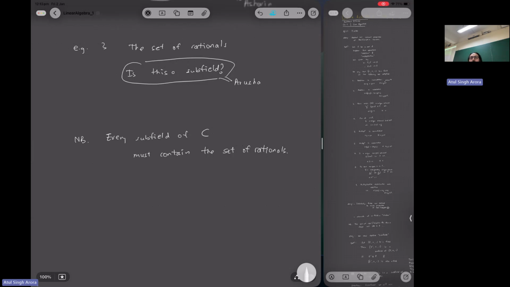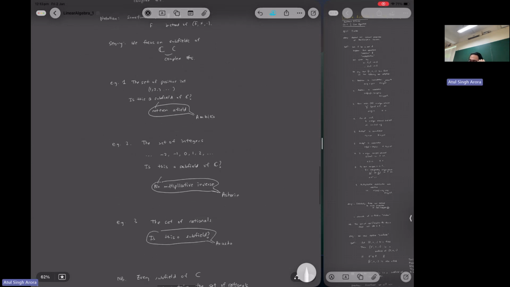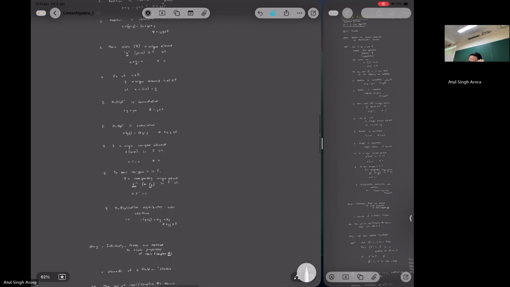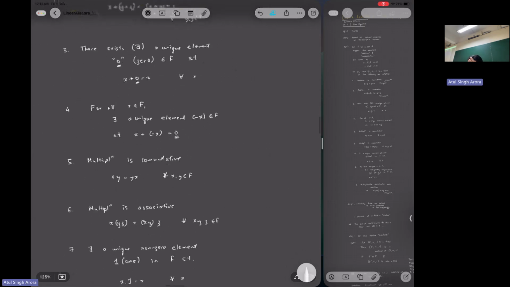Any more questions? Then you need to have a one element, right? It said that there has to be a non-zero element. You don't have the multiplicative identity then, right? So it doesn't satisfy the axiom.